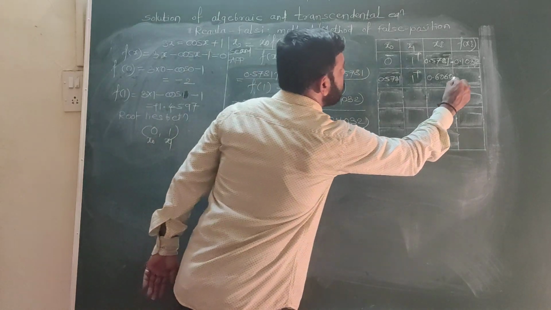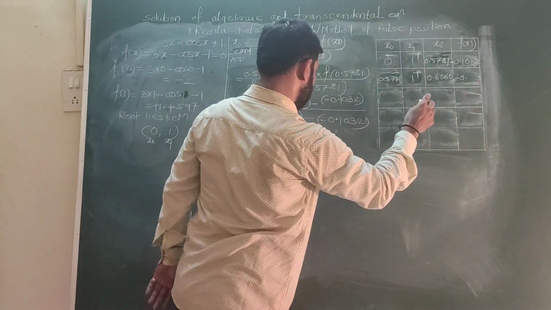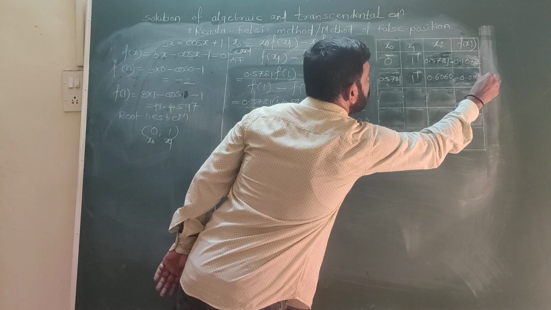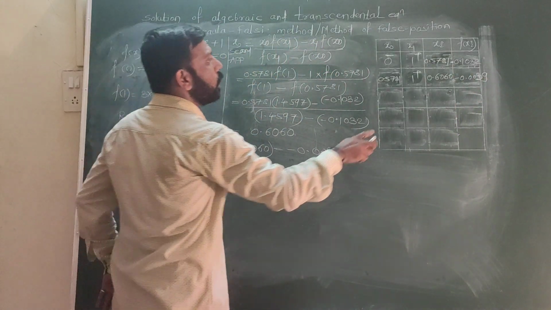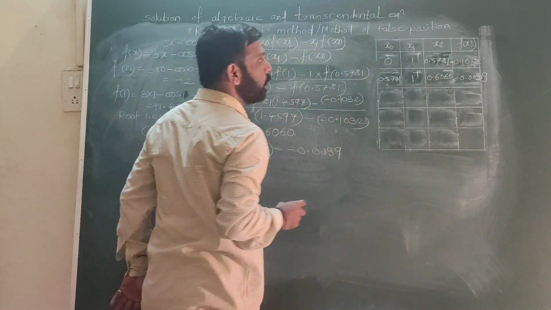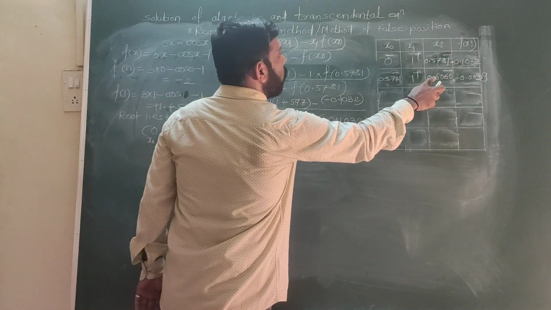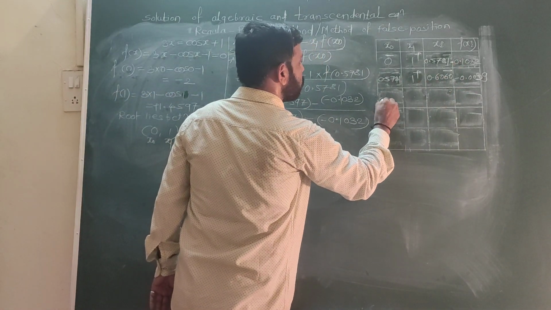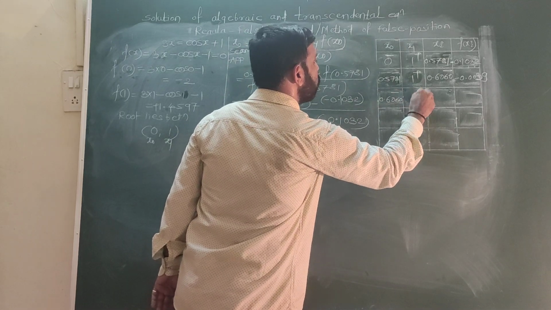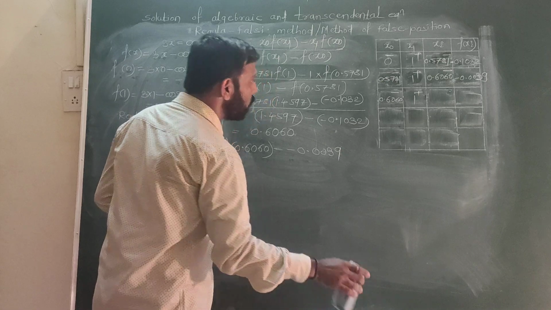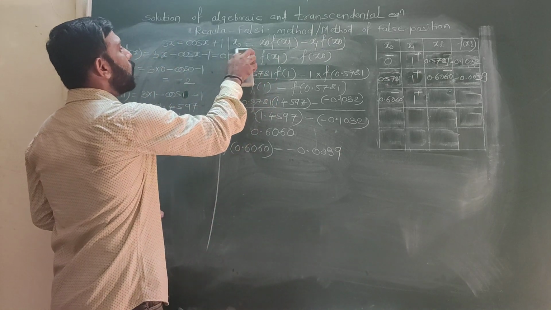So it is -0.0039. So that minus symbol we give here. Our next interval, minus plus, opposite symbol terms we will consider for the next approximation. So second we completed.